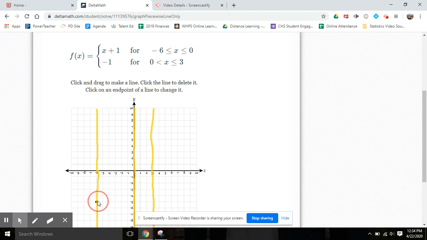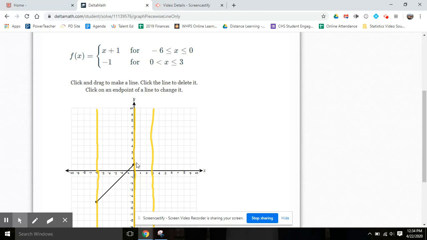I'm holding down, and the slope of this is positive 1. So I'm going over with the positive 1 slope, being really meticulous about it until I get to the next boundary line. Notice I have 2 equal to parts, so these should both be filled in, which they are. So I don't need to change anything there.